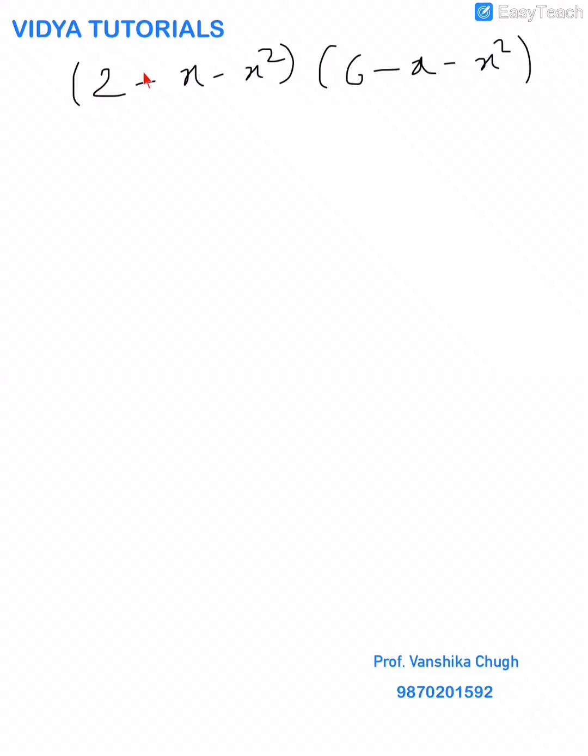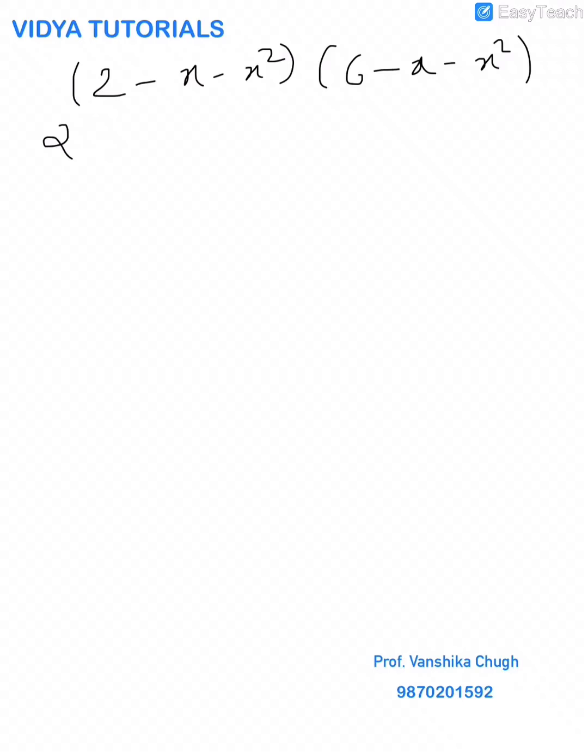So let me first solve this one. I have to think of two numbers whose product is 2 and the difference, since there is a minus sign here, 1 into 2 is minus 2, the difference should be 1. Okay, so the numbers are 2 and 1.